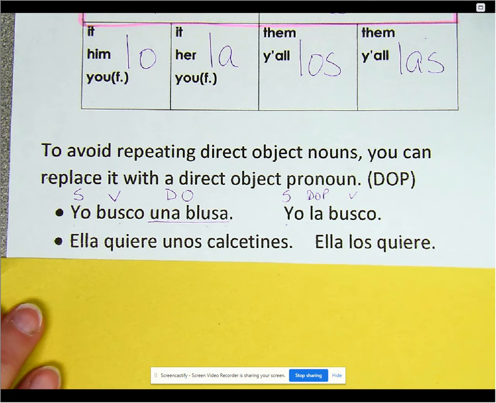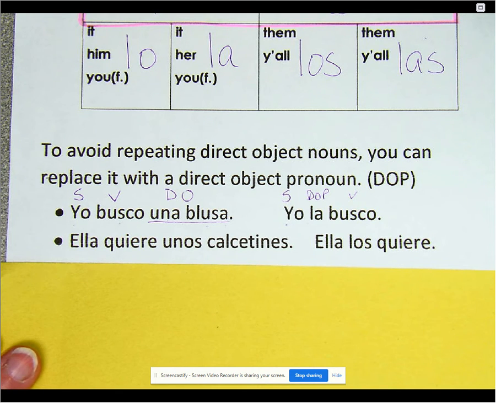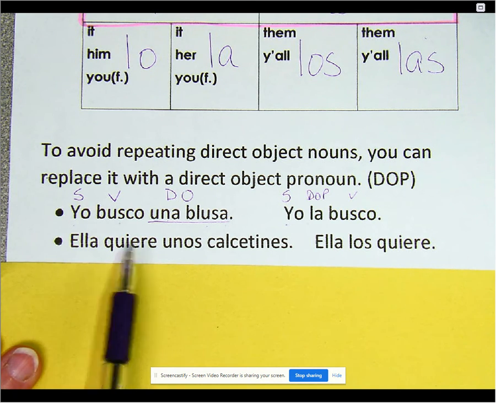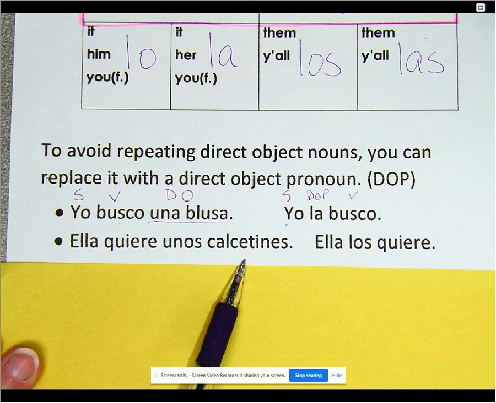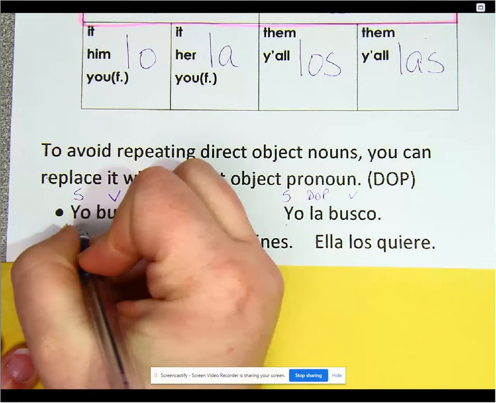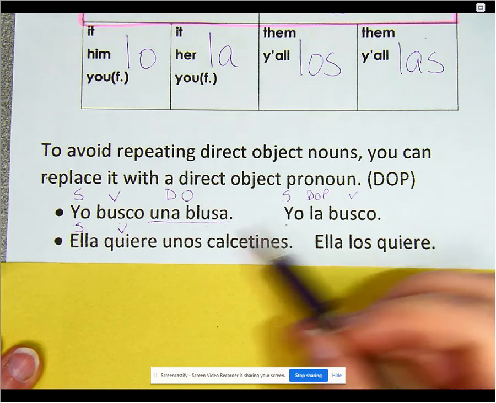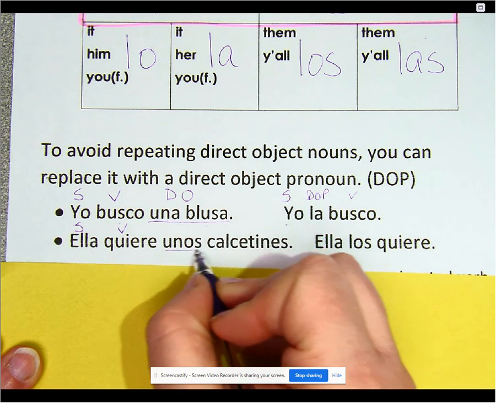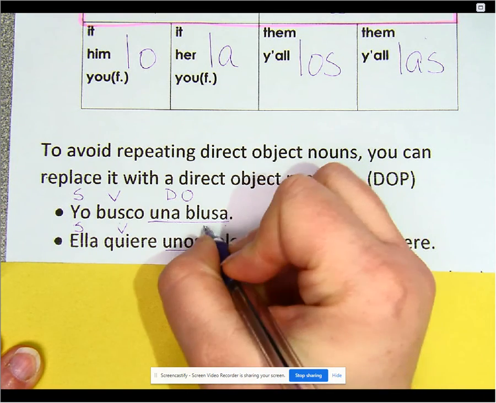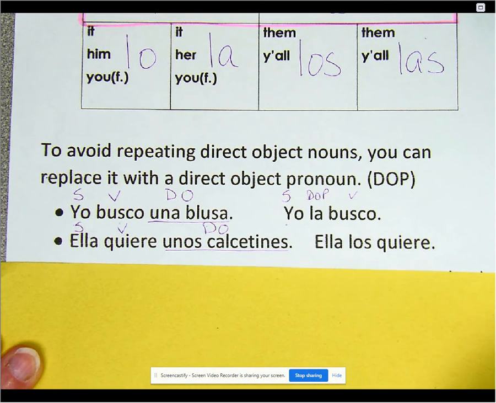Ella quiere unos calcetines. She wants some socks. Okay, so we know she is our subject, wants is our verb, and unos calcetines, some socks, is our direct object. But I don't want to keep saying socks. I just want to say she wants them.